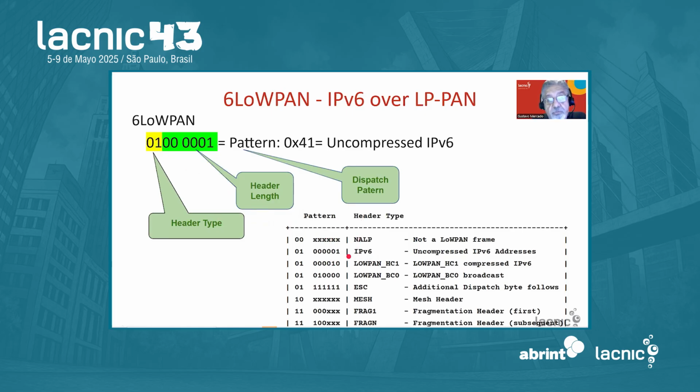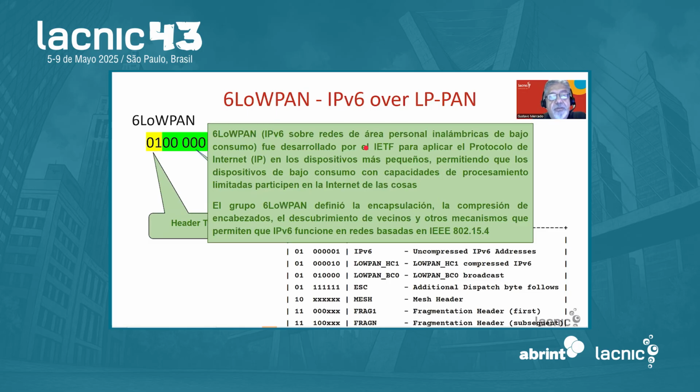In the chart, you can see that this IPv6 number that appears here, it's an uncompressed IPv6 address, so it's complete. It's the whole thing. And of course, there are 6lowpan options to compress IPv6 numbers, so there are other options in the type of header. Speaking of IPv6 compression, the header length is 1 because this is the only field in 6lowpan for this mesh.